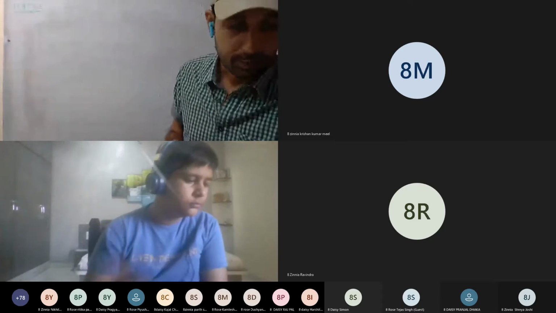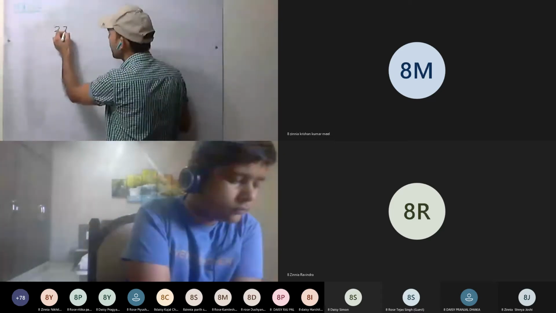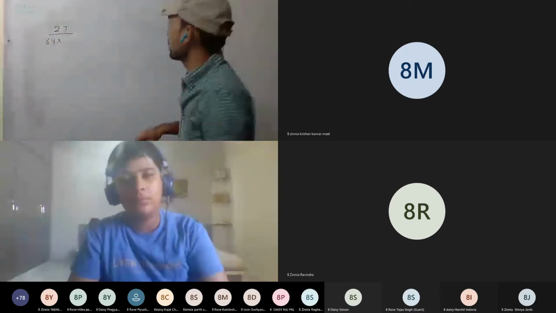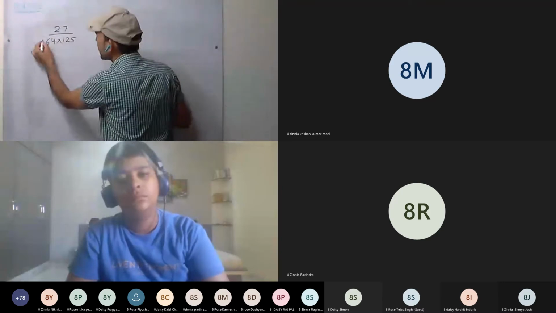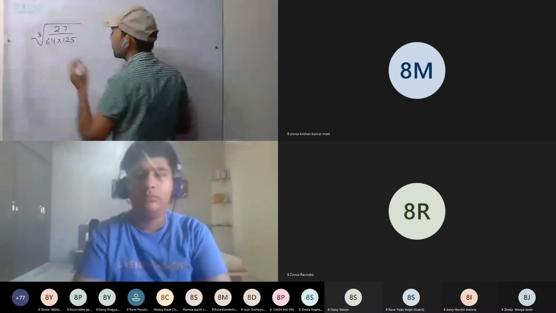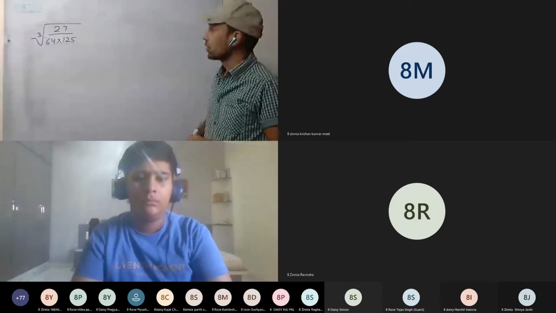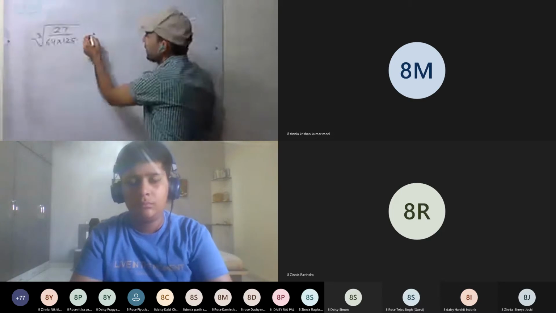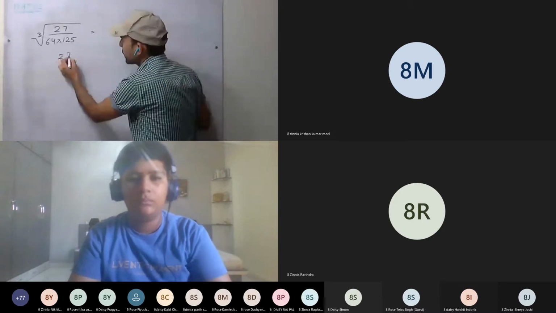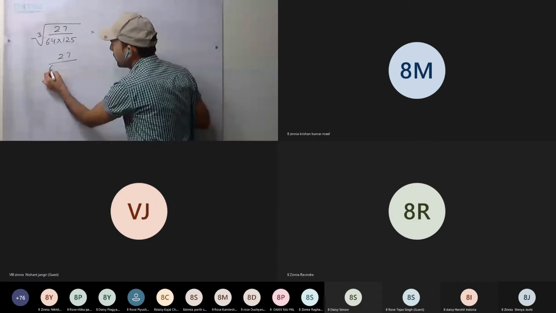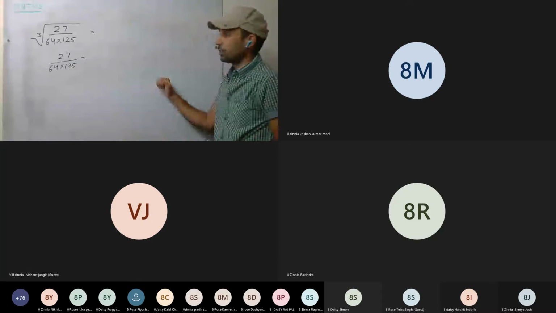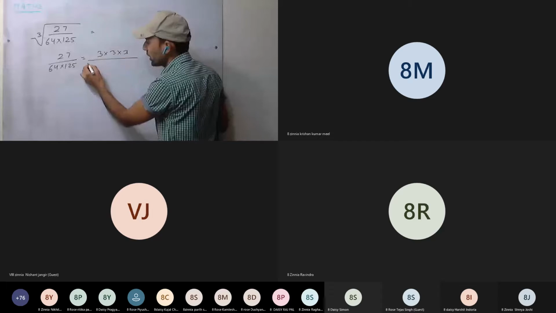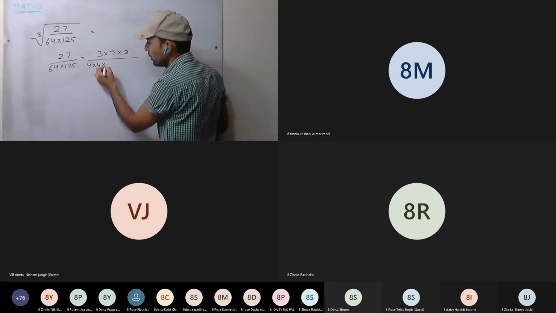12th we are doing. 12th, it is 27 upon 64 into 125. Cube root of this one. So see here, all the three are perfect cubes. Now factorize them. 27 it is 3 into 3 into 3. 64 it is 4 into 4 into 4.